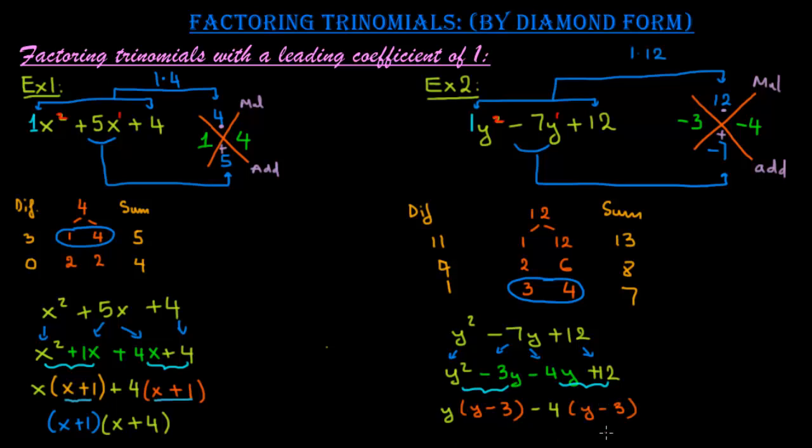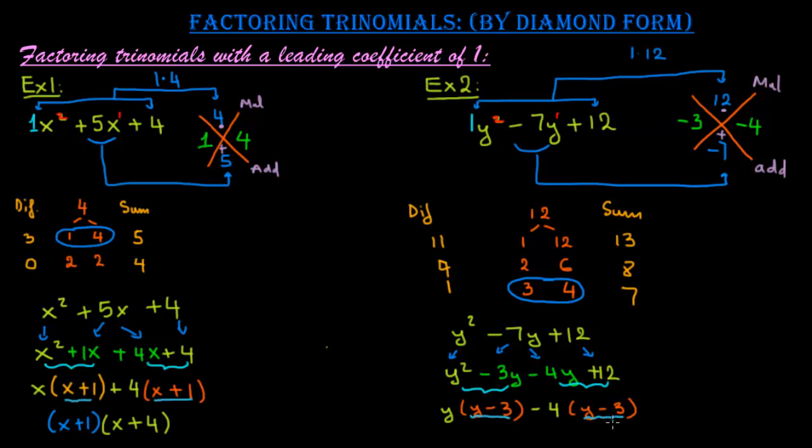Let's double check on this one. Negative 4 times y gives me negative 4y. Negative 4 times negative 3 gives me positive 12. So that's perfect, we're on the right track. Anytime you do the grouping 2 by 2 like we're doing right now, they always give you a like binomial. They have to stay exactly the same.